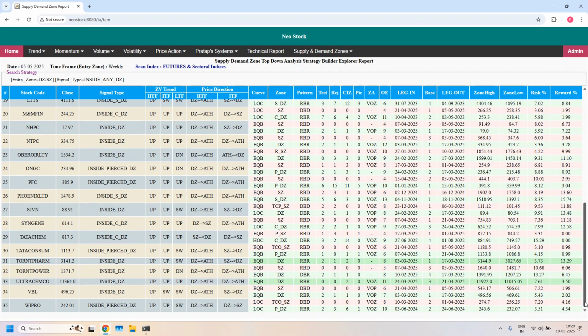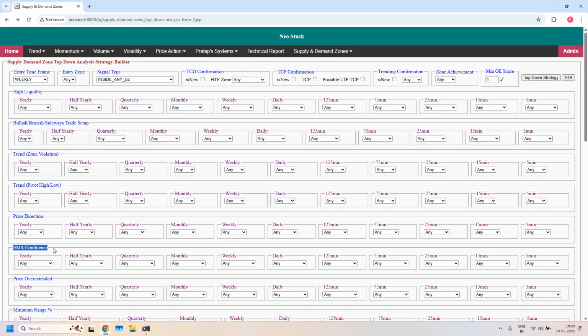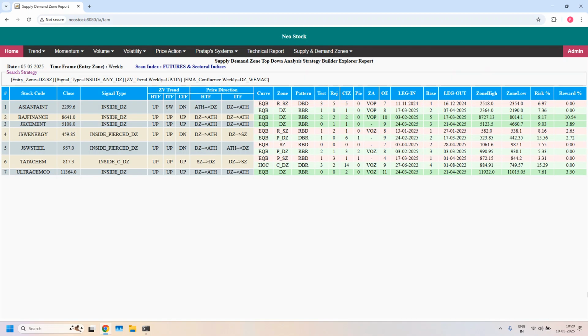Out of these 35, how many weekly demand zones are having weekly EMA confluence? Let's filter. And also trend on the weekly should not be sideways. It can be up or down. So 7 stocks are filtered.